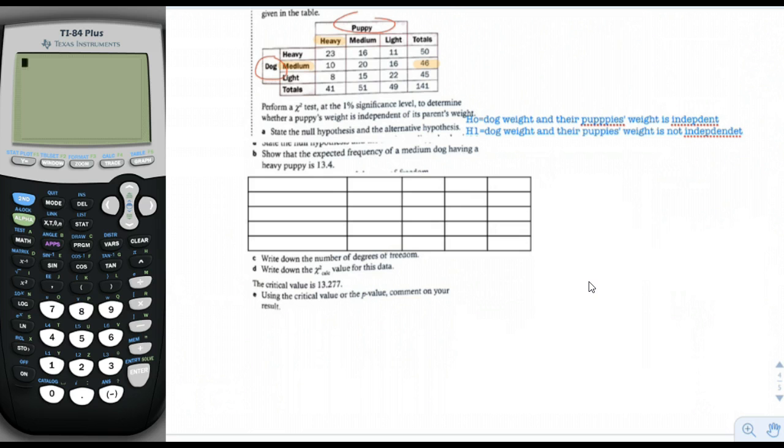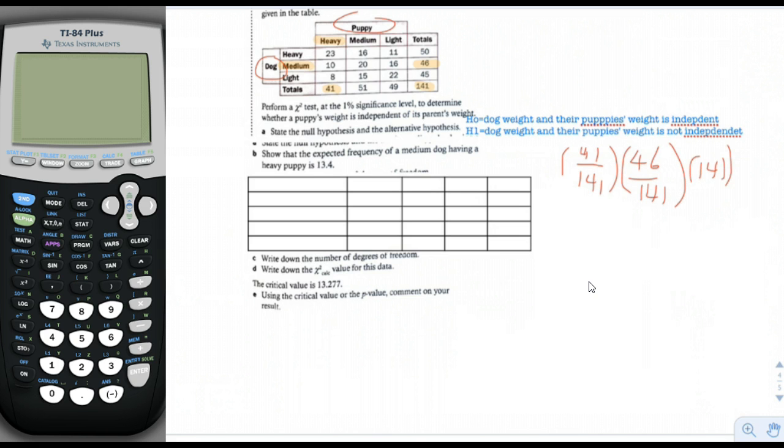So there's the 46 subtotal that goes with medium, the 41 subtotal that goes with heavy puppy, and then the 141 total, which we're also going to use. So we're going to multiply 41 divided by 141 multiplied by 46 divided by 141 times 141.